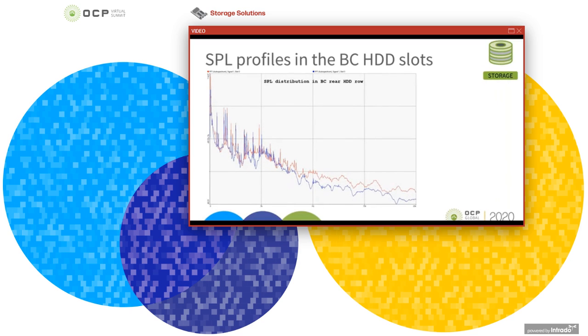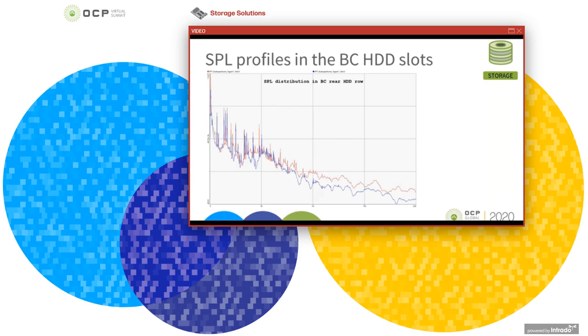As the first step to understand the system acoustic vibration performance, we did a full chassis SPL measurement in Bryce Canyon. The NAS row is, of course, the worst from the acoustic vibration perspective. Here's a comparison of the worst and the best HDD slot in the NAS row of Bryce Canyon.